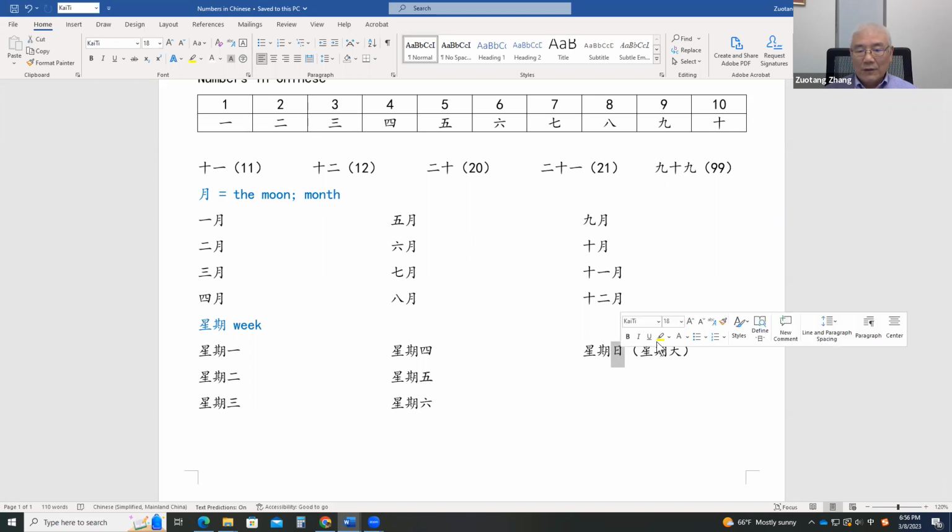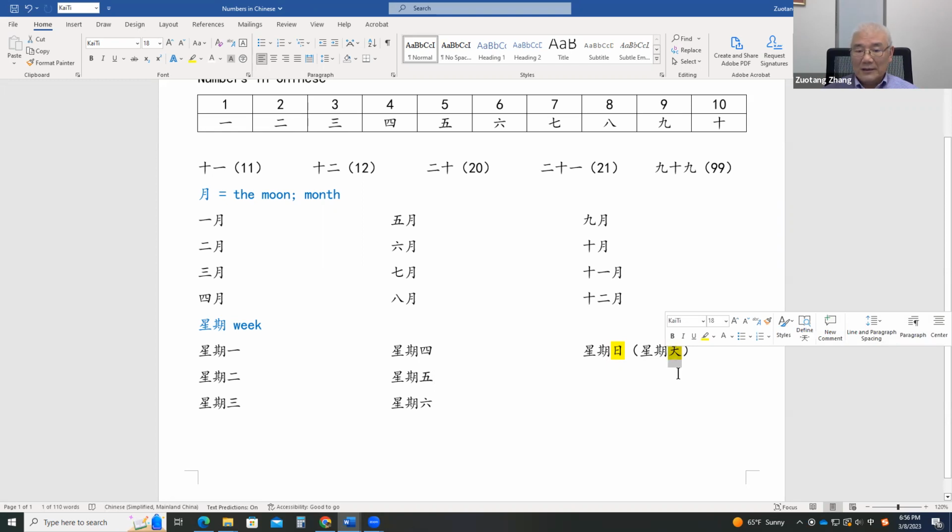Instead, we have a different word for it, 日 or 天. Actually, in the Chinese language, 日 and 天 mean the same thing: the sun or the day, because the daytime is determined based on the sun. And 天 also means the day.